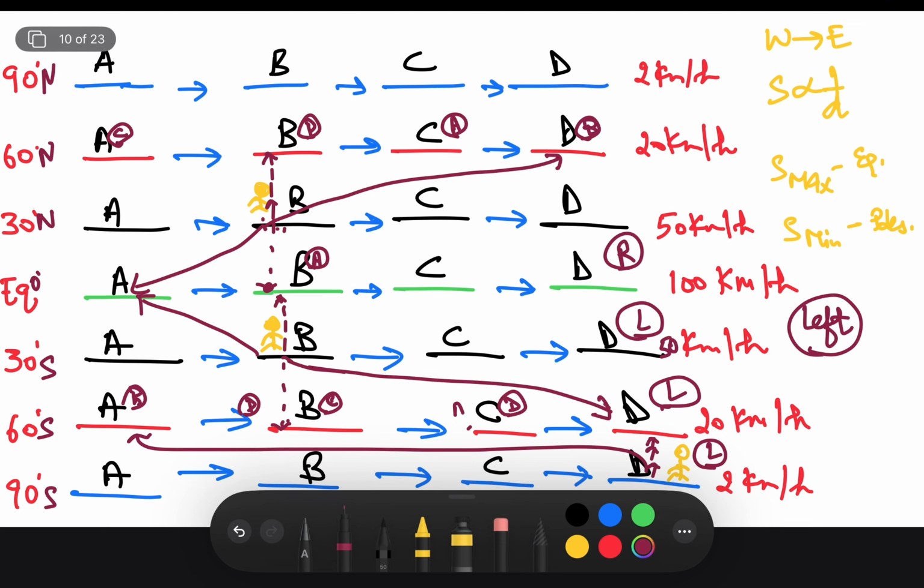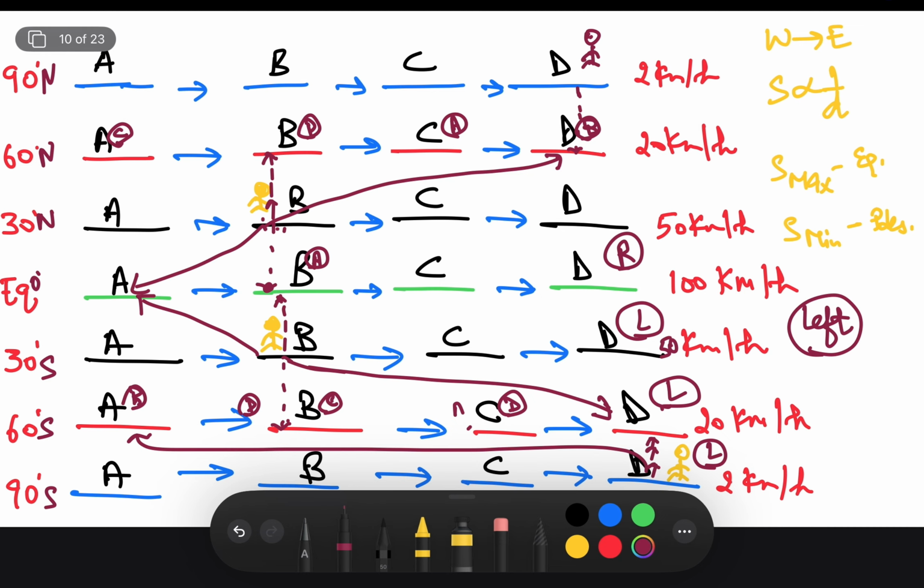Now the same person, if he is on the poles, will try to come to the D surface. He wants to come to that point, and at the poles the speed is much lower as compared to the 60° north.